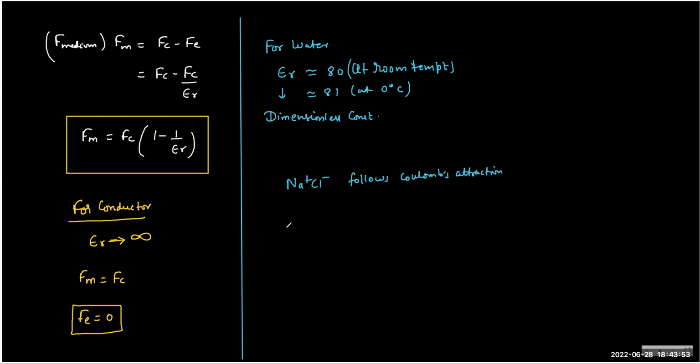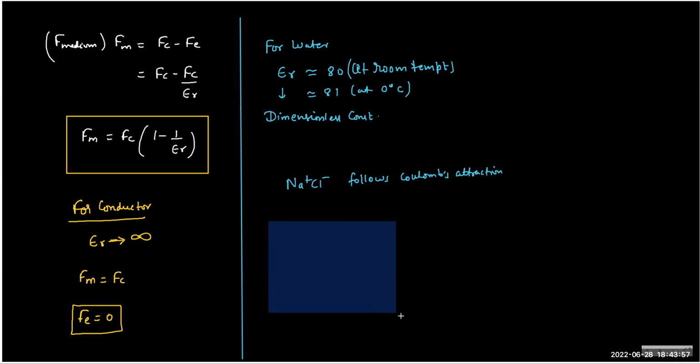So when you put the ionic salt into water, what will happen? The moment you put the ionic salt into water, the Coulombic force will decrease by 80 times, and they are now weakly bonded. The force between them is very weak, and it is so weak that it separates. And this phenomenon we call dissolution.